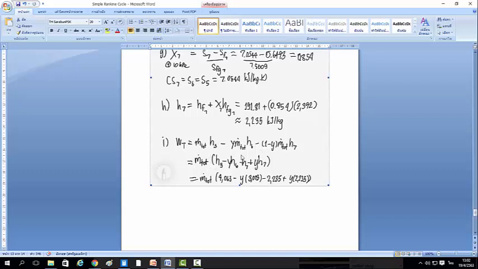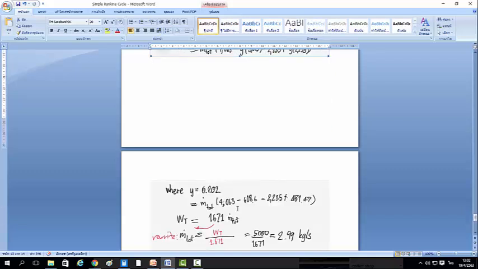So you just analyze it and pull the m total out of the variables that you already know the value of, and then substitute y equal to 0.202.